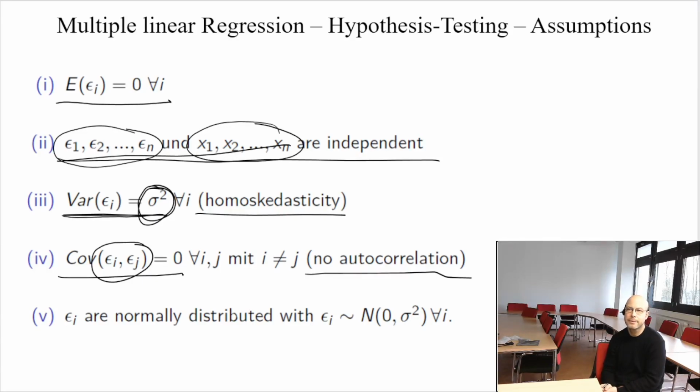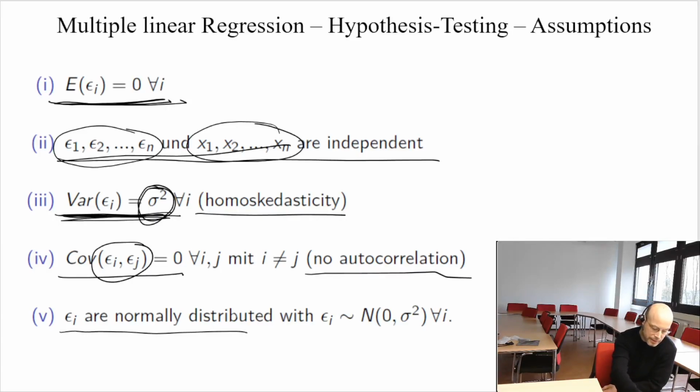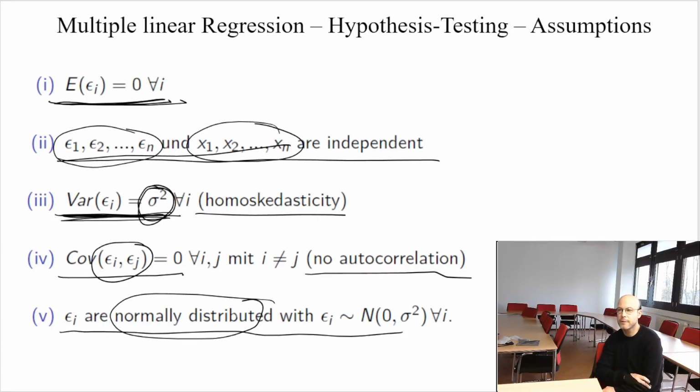And then, so that we really come to some quantitative number, we not only say that we are distributed about the origin and that they all have the same variance, we also assume that all error terms are normally distributed.